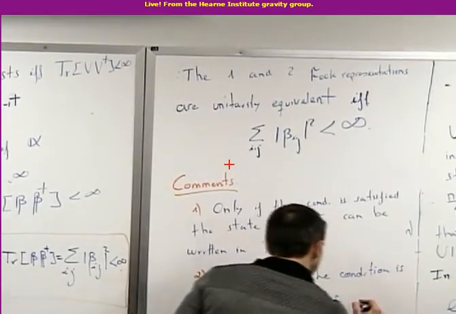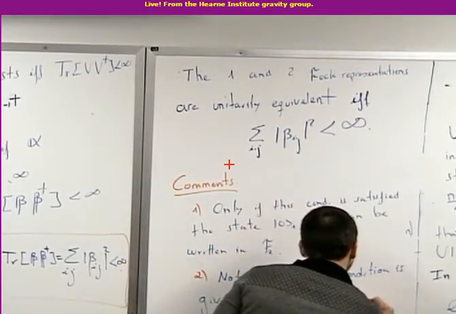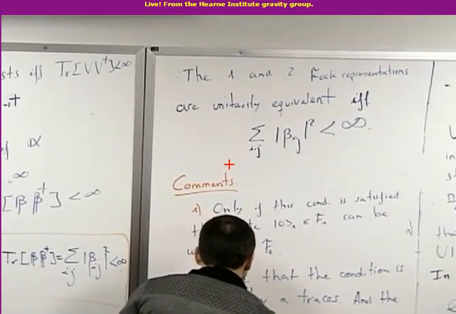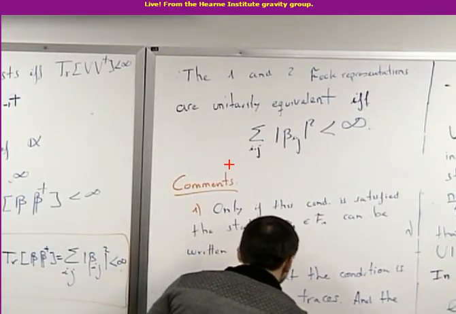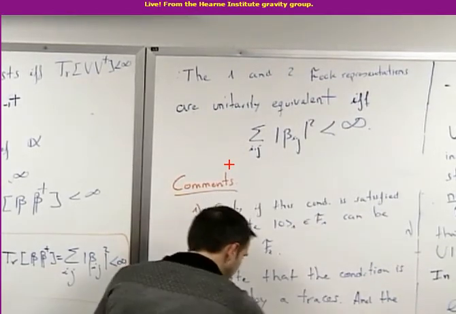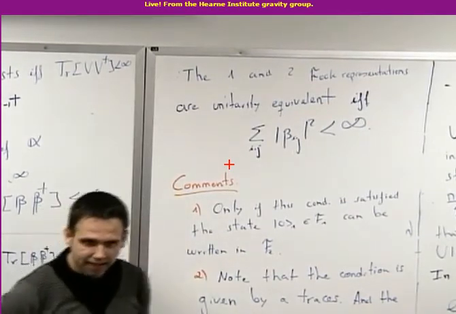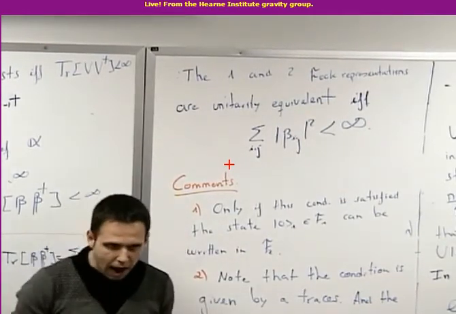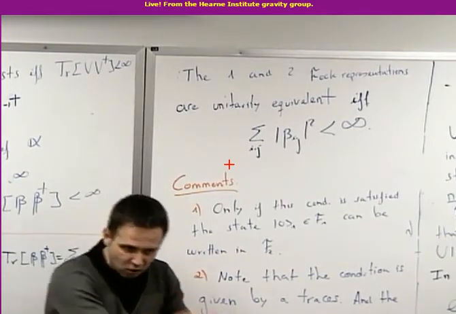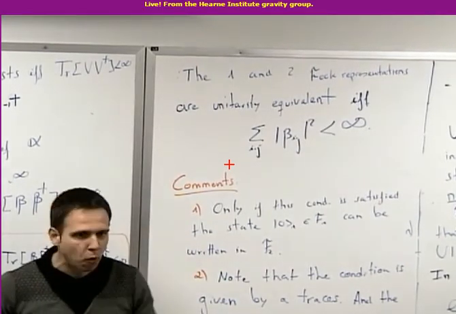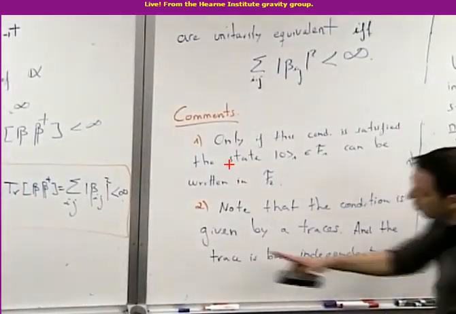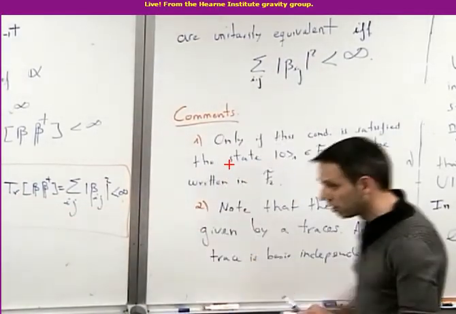Therefore, the statement that the two representations are equivalent to each other or not doesn't depend on the basis. It only depends on S1 plus and S2 plus, no matter which basis you use. This is why I wrote this in this explicit form, to show you that this is really a trace.